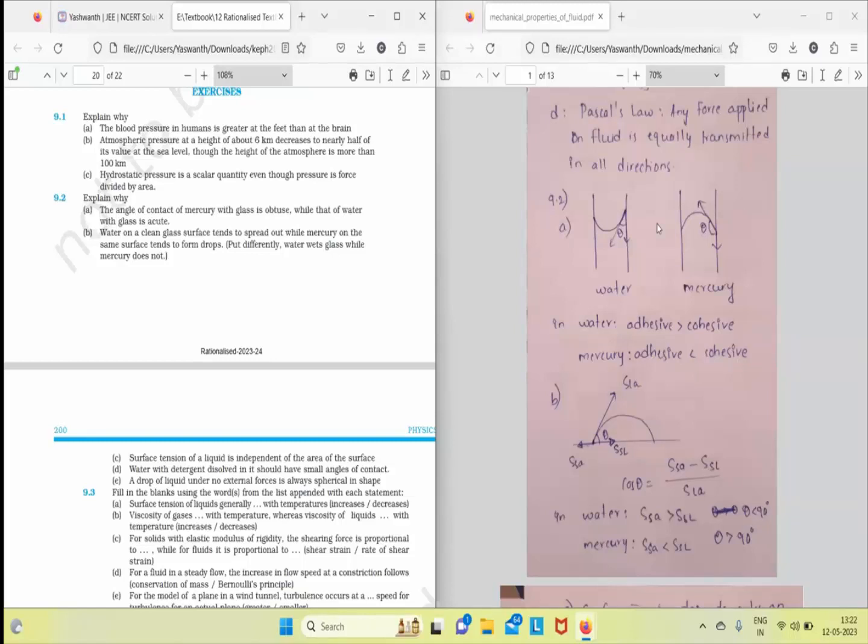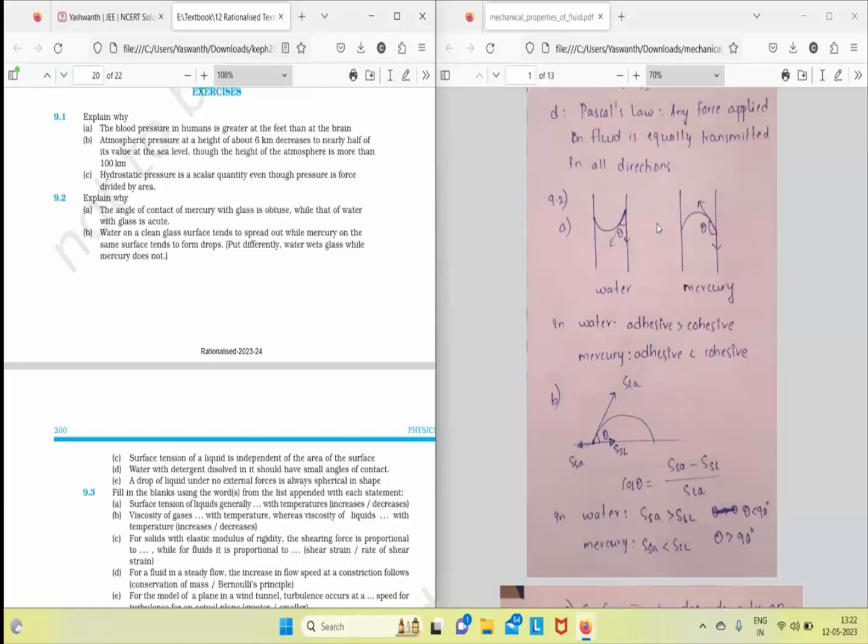Coming to the question, the angle of contact of mercury with glass is obtuse while that of water is acute. The reason is, in water, adhesive forces dominate the cohesive force. So the glass will pull the water molecule with a larger force than the force between two water molecules.